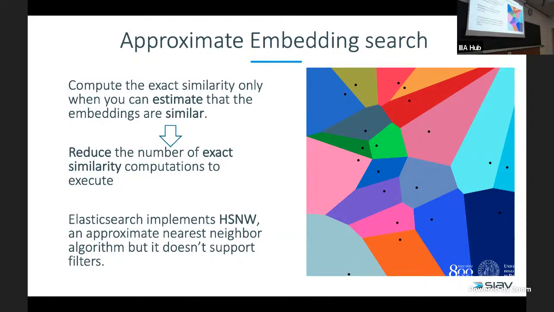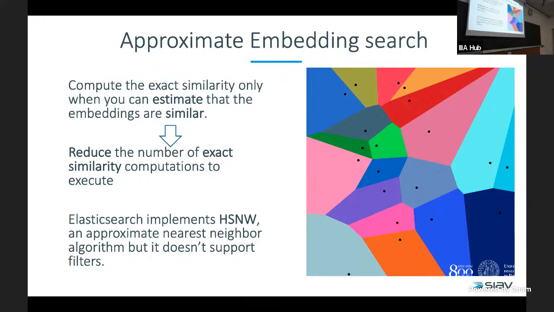Although there are several different approaches in these subfields, they all share the same intuition, which is that you will compute the exact similarity between two dense vectors only when you can estimate that the embeddings are similar. And this estimate will usually be achieved by using certain specific data structures that allow you to get it in a very fast way.